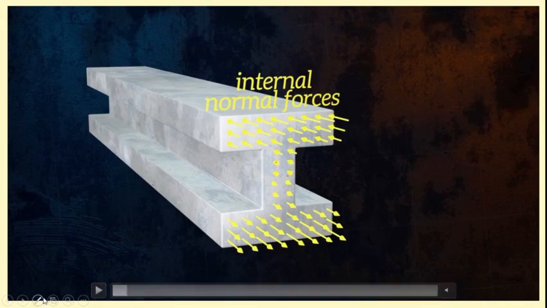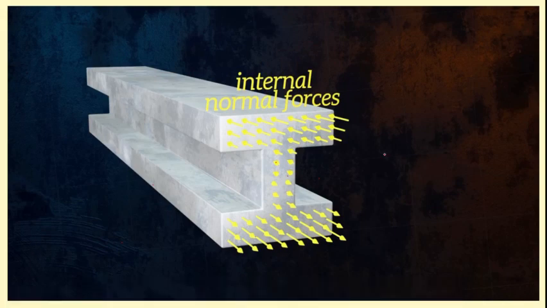Why? Because if we draw a 2D beam here, with two supports, and we give a load, then this beam tends to bend in this way.